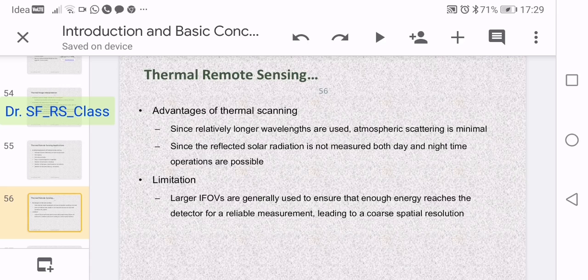That causes a coarse spatial resolution. Since we need large IFOVs, our spatial resolution will be less. So a coarse spatial resolution is its limitation. If you want to increase the spatial resolution, you may not be getting enough energy in the sensors.